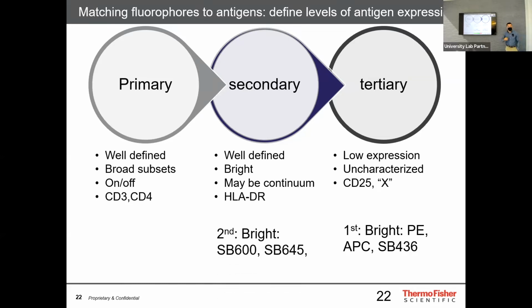For the next group, you're going to want to use your medium or pretty bright fluorophores. Again, Super Bright 600 and 645 are bright, but they're not as bright as Super Bright 436. And then lastly, for your dim markers and your very well-defined subsets, you could use your dim fluorophores like FITC or APC-Cy7.